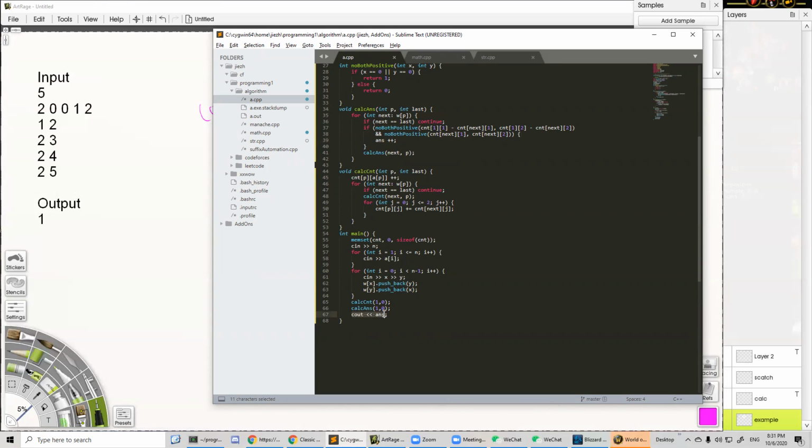And in the end, we're going to output the answer. Because we can easily calculate the total number of blue nodes and red nodes, we can actually get this done in just one depth first search, all right?